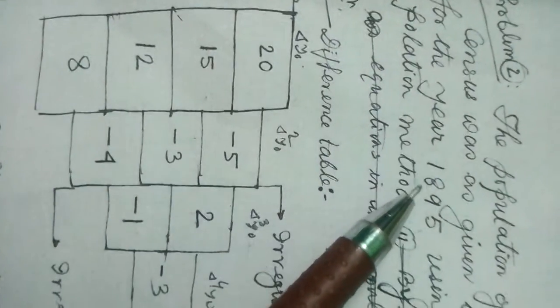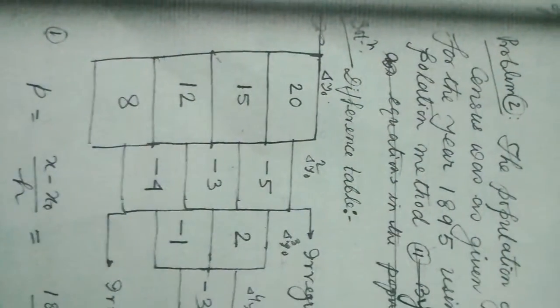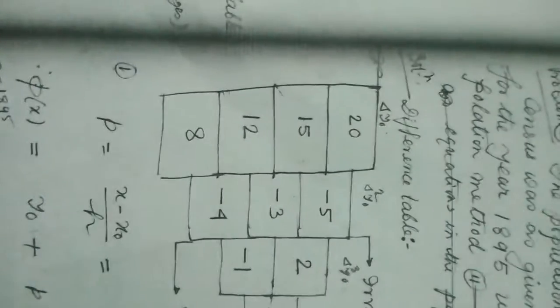Estimate the population for the year 1895 using Newton's forward interpolation formula. Now you first find out the difference.